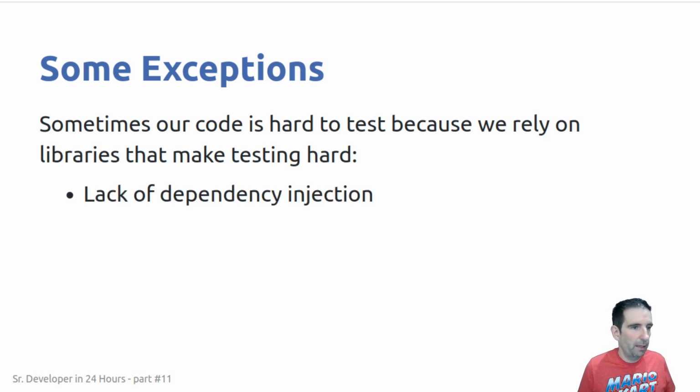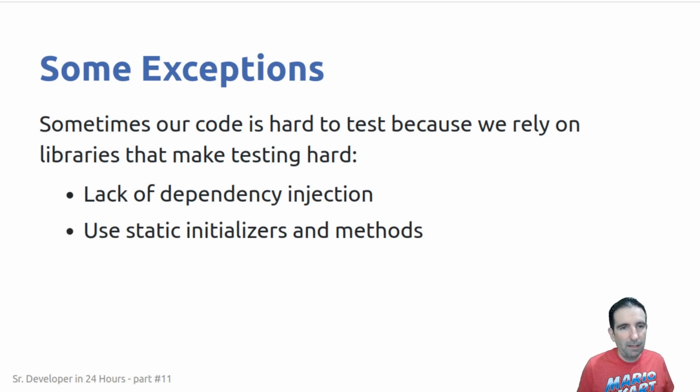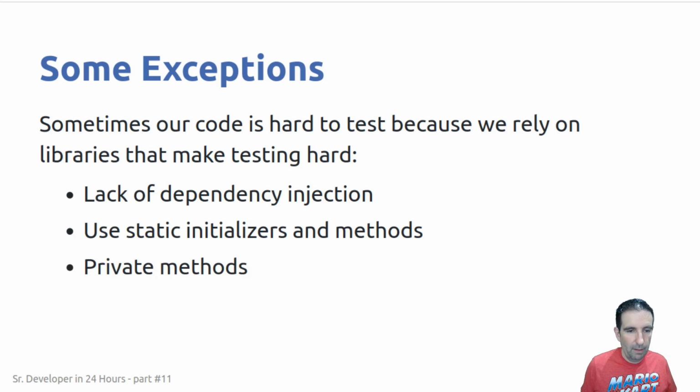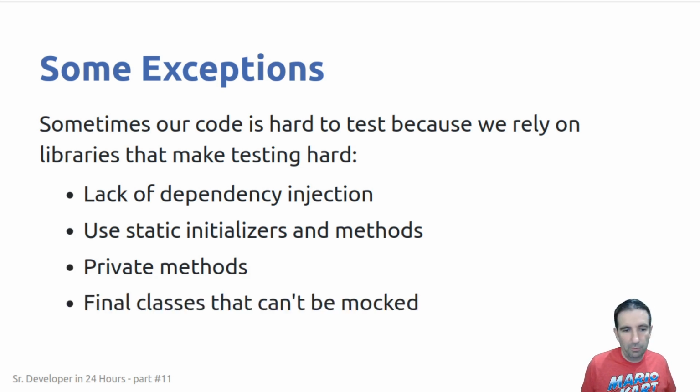For example, we might rely on third-party libraries that lack dependency injection and instead rely on environment variables, things like that for configuration that make elegant unit testing more complicated. Maybe these third-party tools use static initializers and methods, so we have very little control of when those get executed. Sometimes they have things like private methods or final classes that we cannot mock easily.